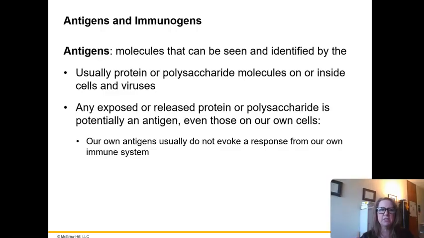This is truly when your immune system is responding. It's launching for real. There's a cascade of events that's going to occur, and the ultimate result is making antibodies.